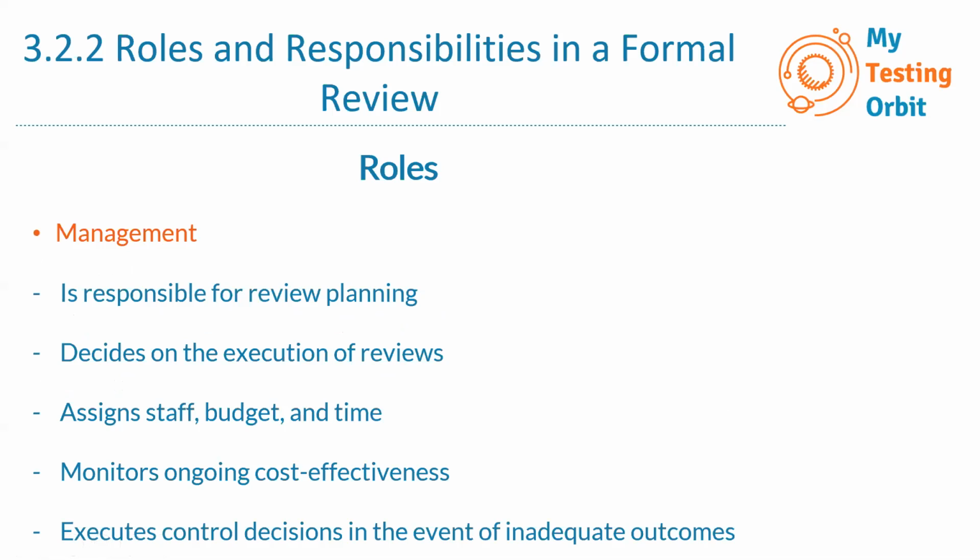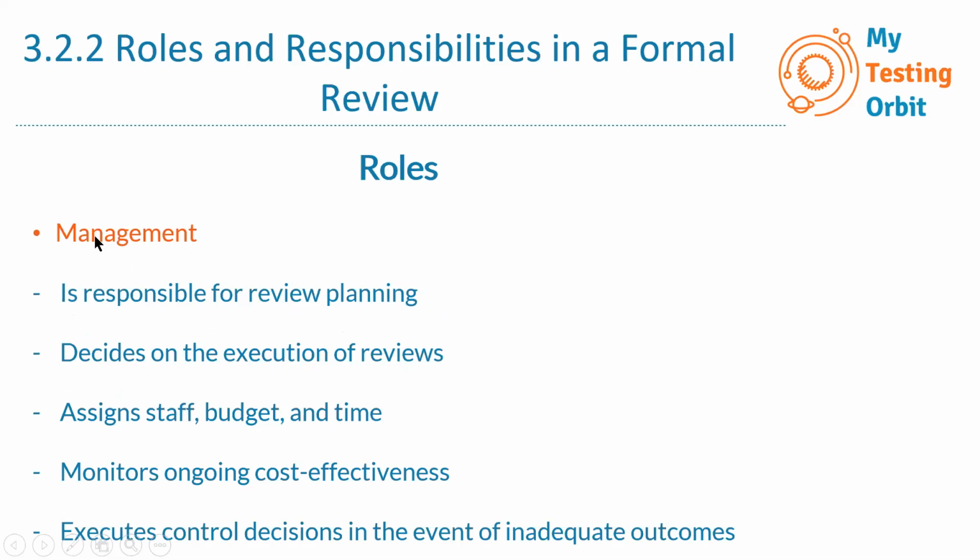Management. Management is responsible for review planning, decides on the execution of reviews, assigns staff, budget, and time, monitors ongoing cost effectiveness, executes control decisions in the event of inadequate outcomes.